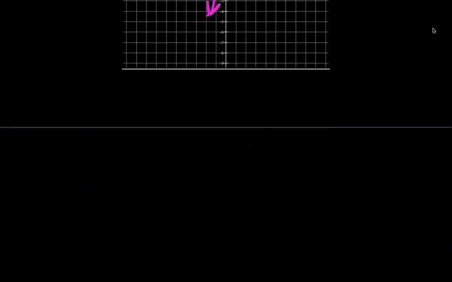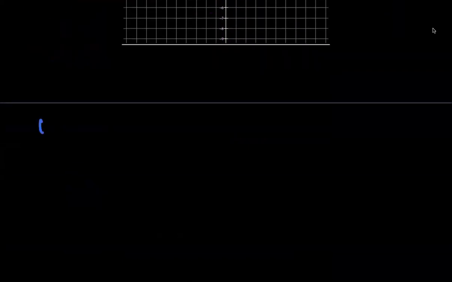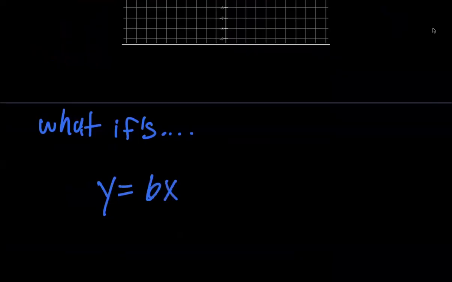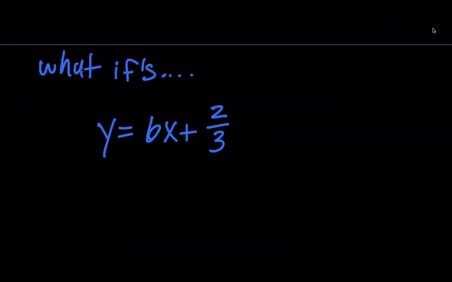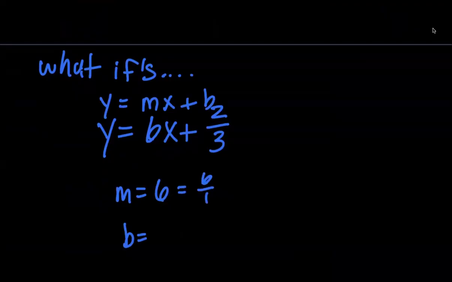I don't know if this will come up in the homework sections, but let me give you a couple of what-ifs. What if you have y = 6x + 2/3? What would the slope be and what's the y-intercept? Well, the slope is 6, but we'd want to write that in fraction form because we need rise over run.